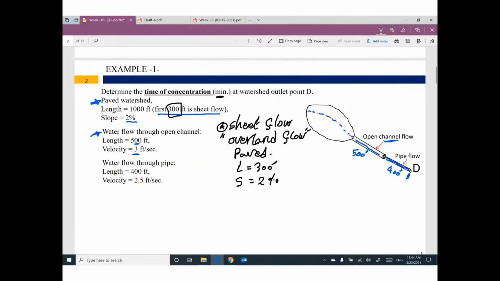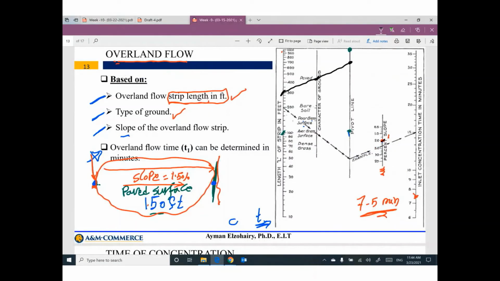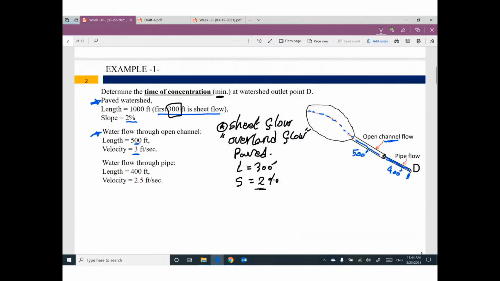The slope of this flow is 2%. From this pivot point to 2%, I will draw another line and extend it to intersect with the last scale. Probably your time here is 7 minutes and something, 7.1. So your first time T1 equals 7.1 minutes.